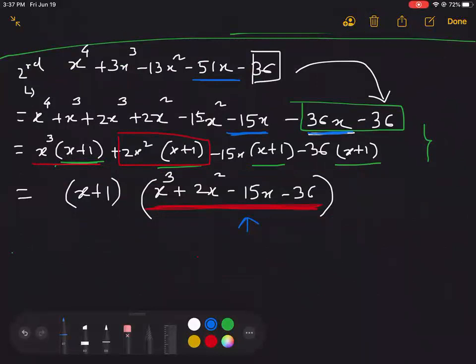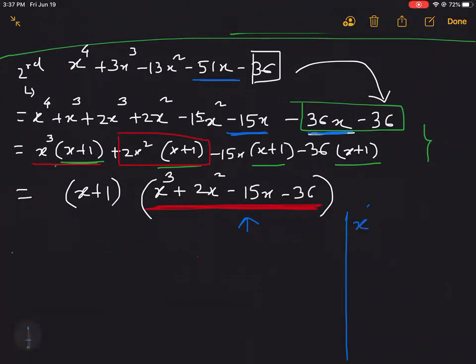So let me show it in a separate place. Let's say g of x. Now my function is x cubed plus 2x squared minus 15x minus 36.